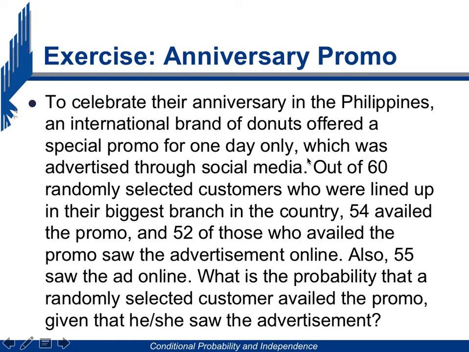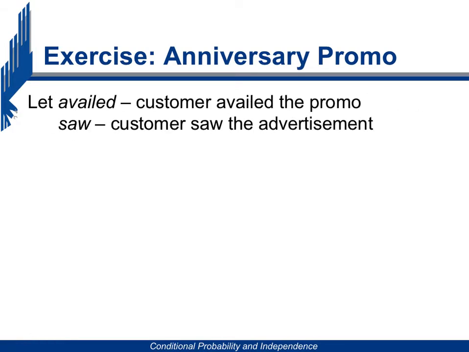So, among all the possible categories or all the possible events or sets of outcomes, the two clear events that we are looking at in this example are seeing the advertisement and availing the promo. So we can label these two events using letters, or you can also use words to represent the events.